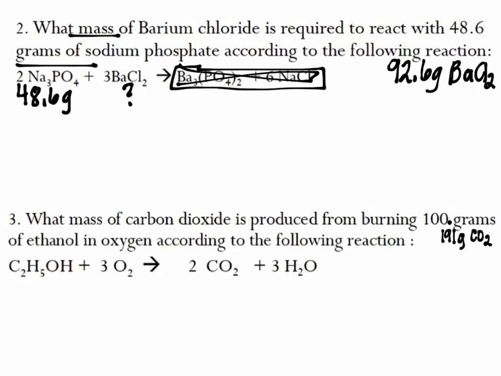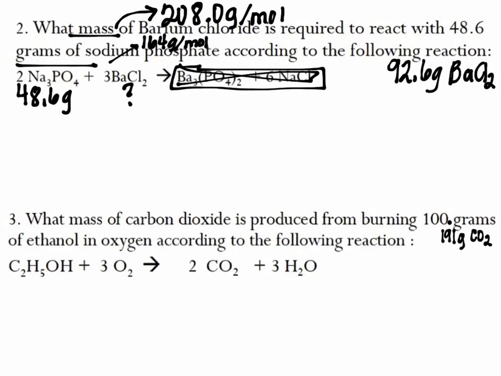If we find the molar mass of barium chloride, it is 208. Somebody tell me what the decimal is. 208, okay. And the molar mass of sodium phosphate, for simplicity, is 164 grams per mole.